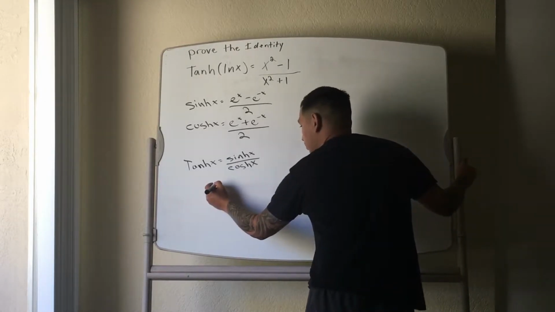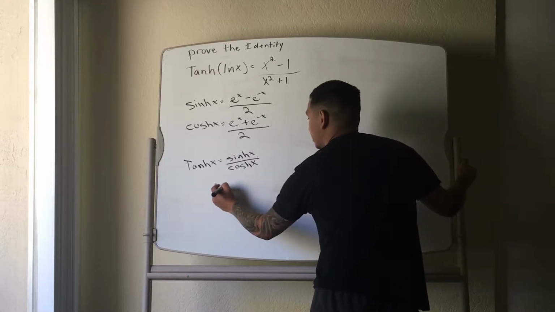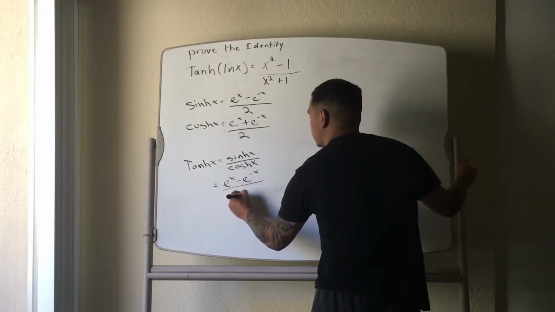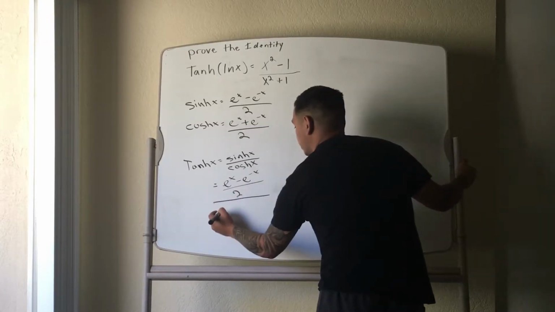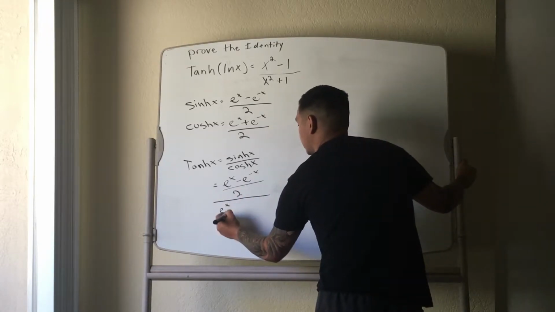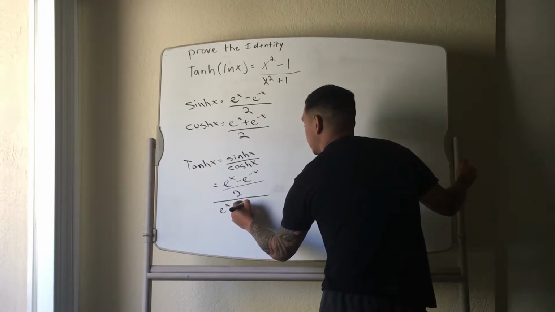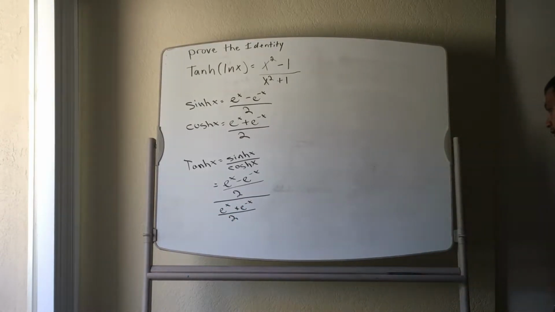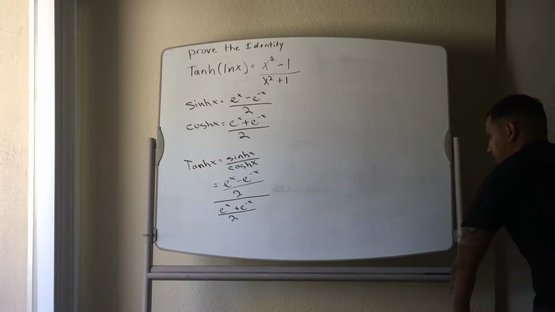We're just plugging and playing. Plug in and playing. E to the x minus e to the negative x over 2 over e to the x plus e to the negative x over 2. A few things to remember here.